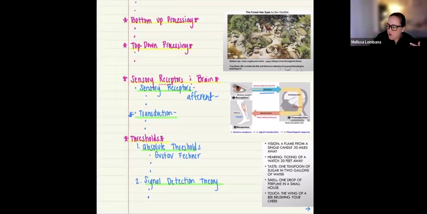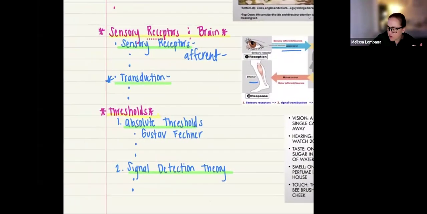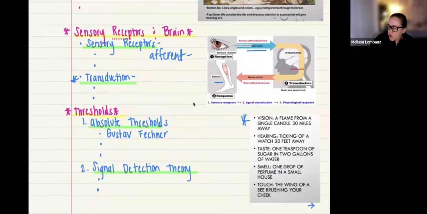Okay, and there is this little chart here that you definitely need to know. Make sure to write it down in your notebook. This is the absolute minimum that needs to occur in order for our senses to pick it up, but again, 50% of the time. So for vision, the human eye can see a flame from just one candle 30 miles away.